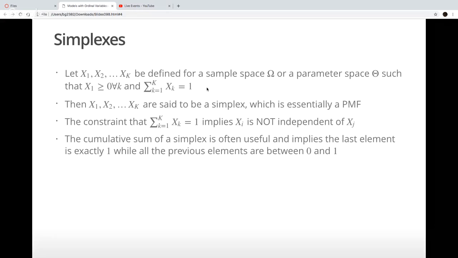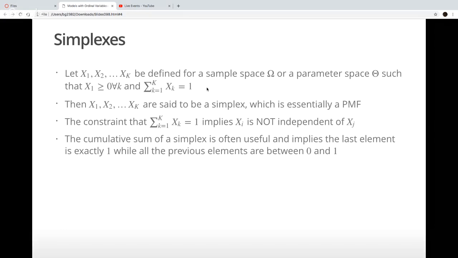But implicit in that, or really explicit in that, the constraint that all of the k x values add up to 1 implies that each of them is not independent of all the others.